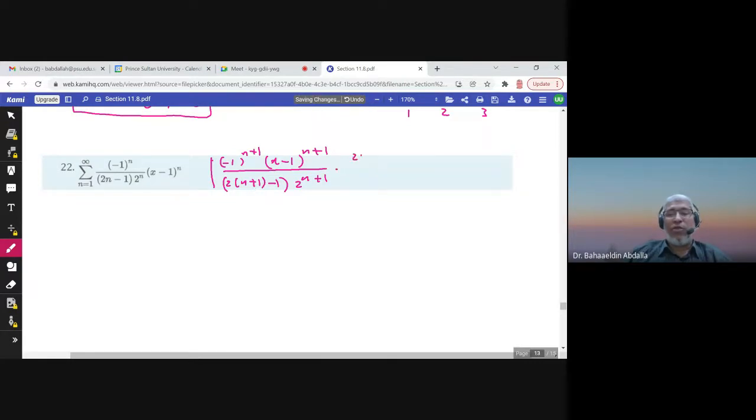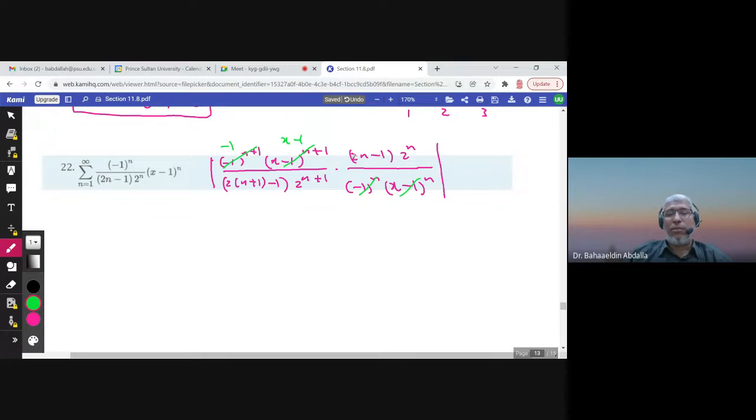Multiplied by 2n minus 1 times 2 to the power n, negative 1 to the power n, x minus 1 to the power n. There is a negative 1 here. I have x minus 1 here. There is a 2 here.